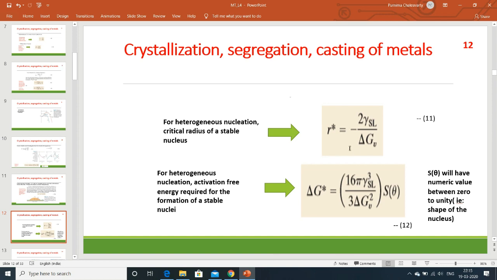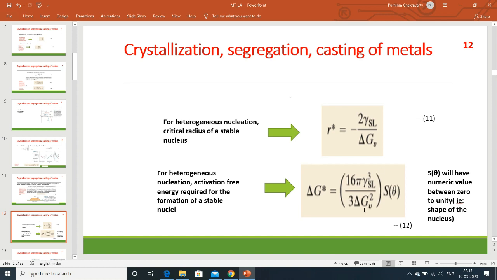If you compare this R star for heterogeneous nucleation and homogeneous nucleation, you will see that it's exactly the same term, with the surface energy term being gamma SL, and the value is absolutely the same in both cases for the critical radius.